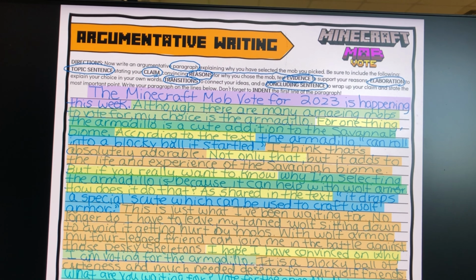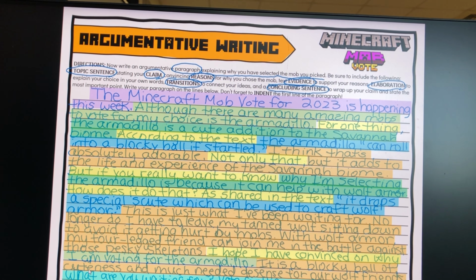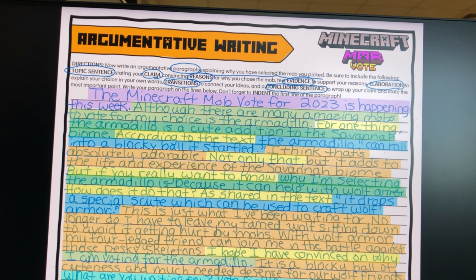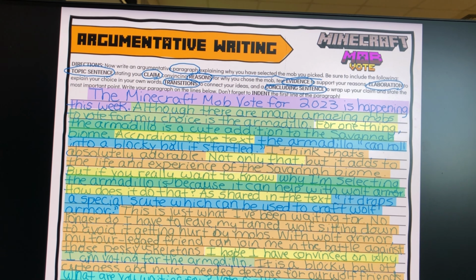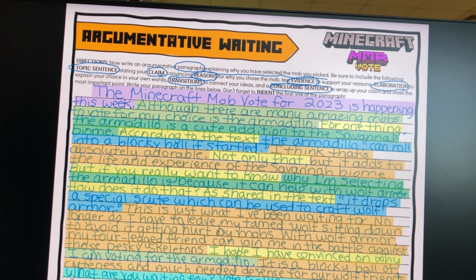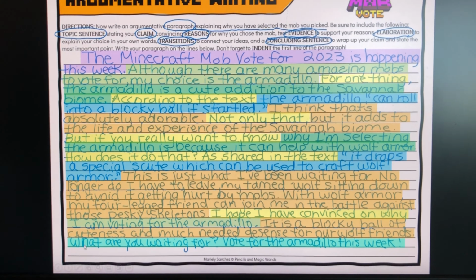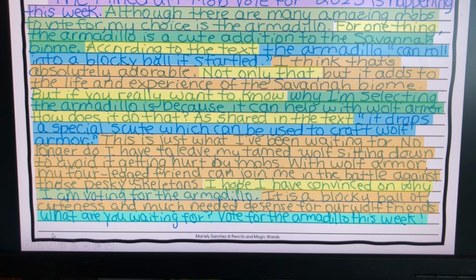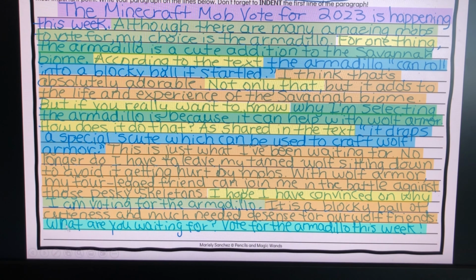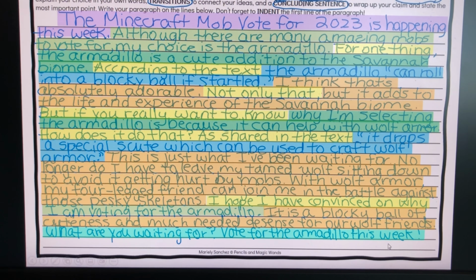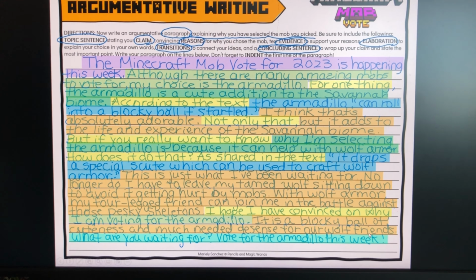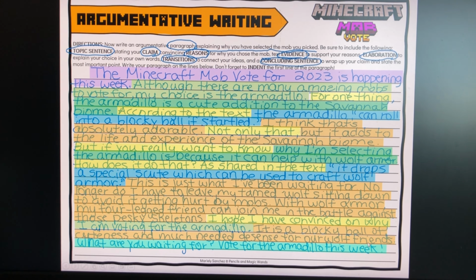And I repeat my claim over here, which is that lime green. And then this aqua color is my lasting impression, which is also a call to action in this case, because it says, what are you waiting for? Vote for the armadillo this week. So that is what I ended up modeling for them.